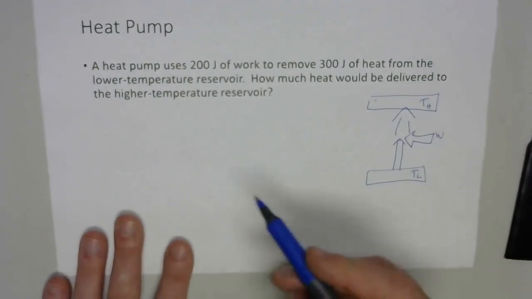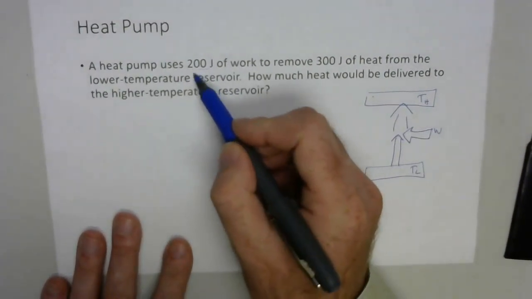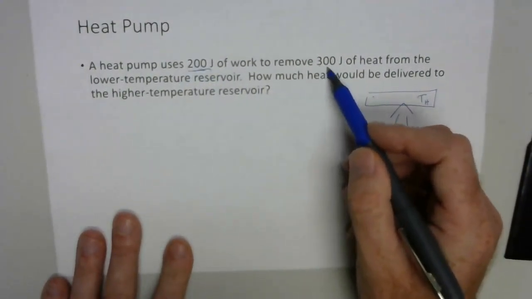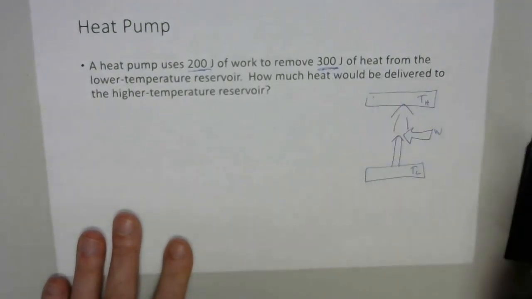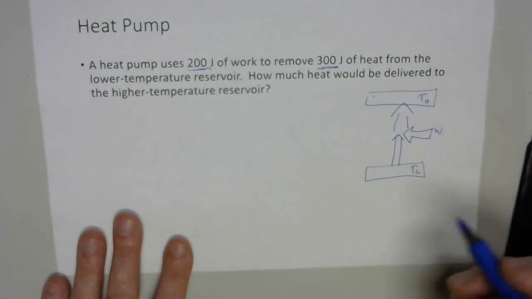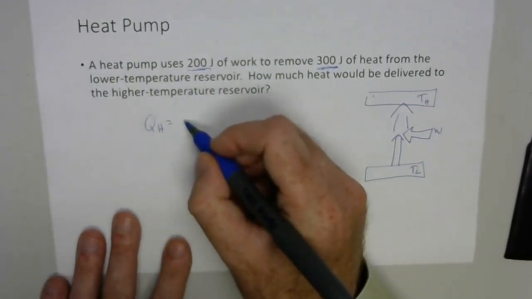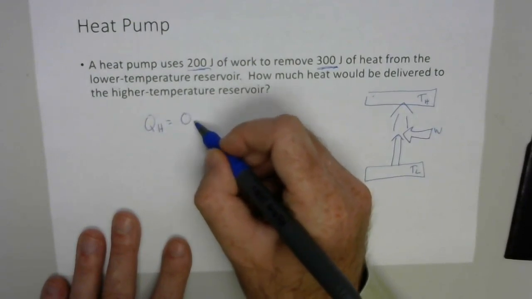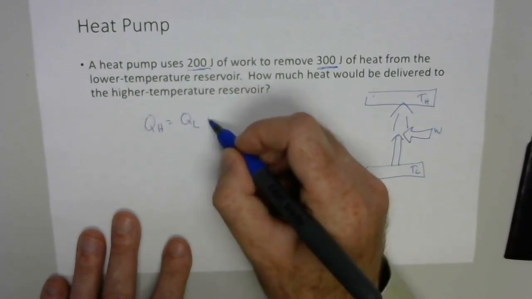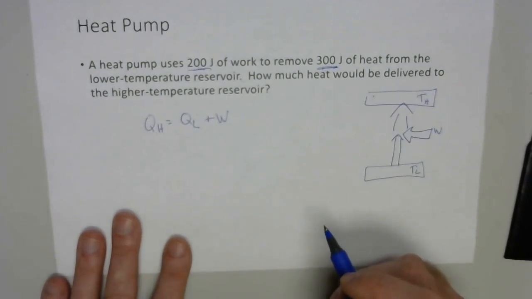That being said, if we do 200 joules of work to remove 300 joules of heat, how much heat would be delivered to the higher temperature reservoir? Well, QH is equal to QL plus the work you did.